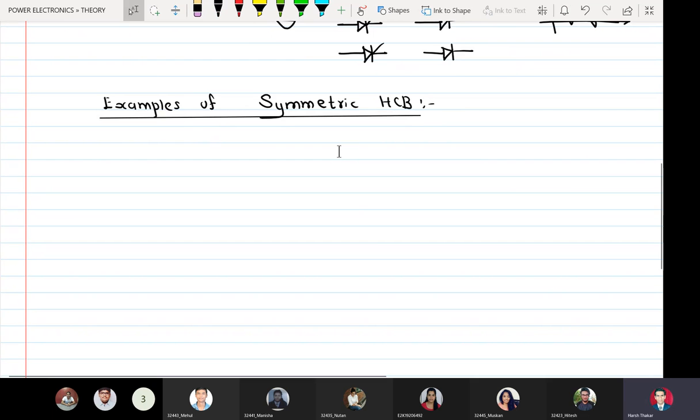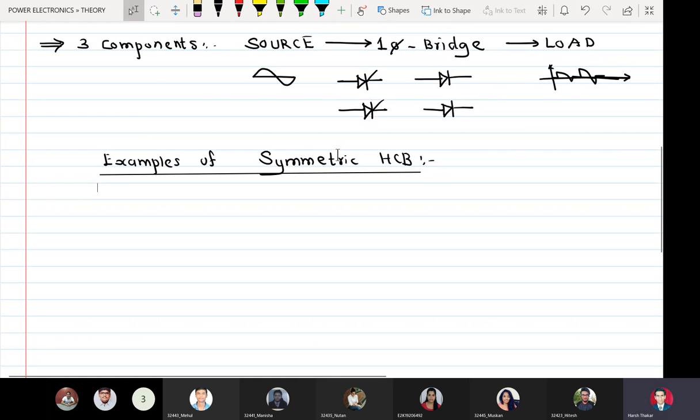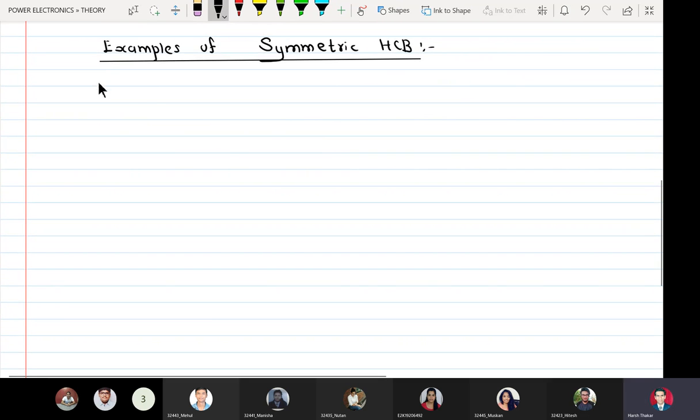I will not draw the load and the source. I will assume that they are there to the right and to the left of the single phase bridge respectively. We will just draw the middle part.